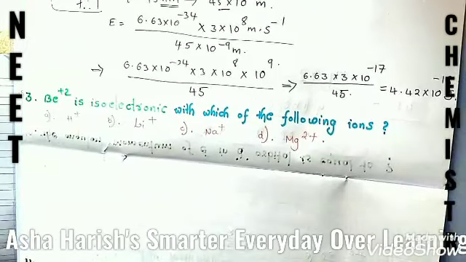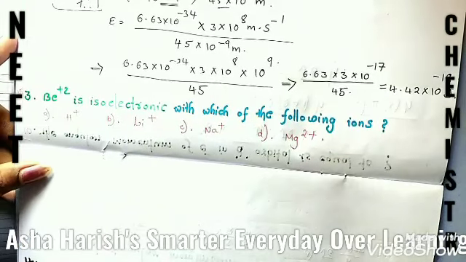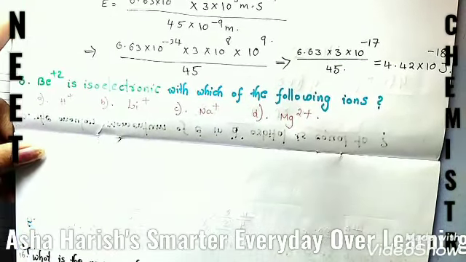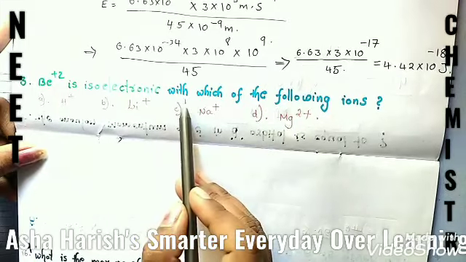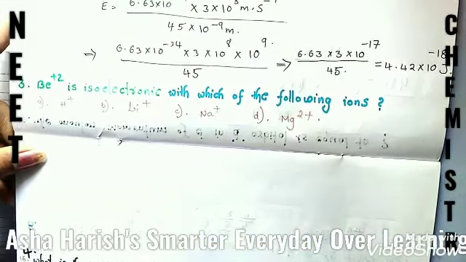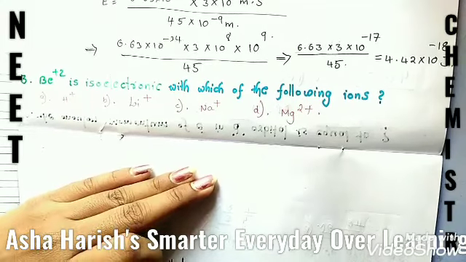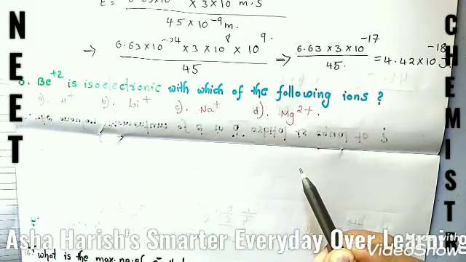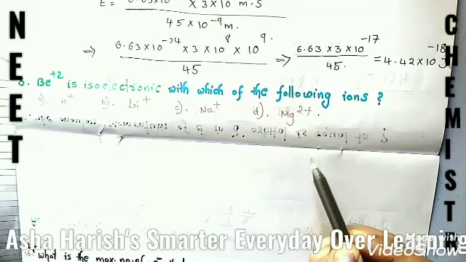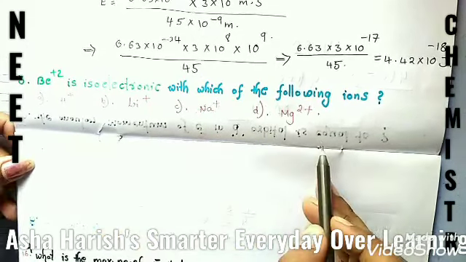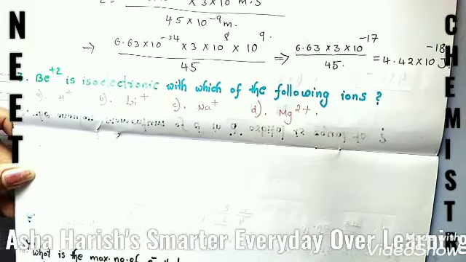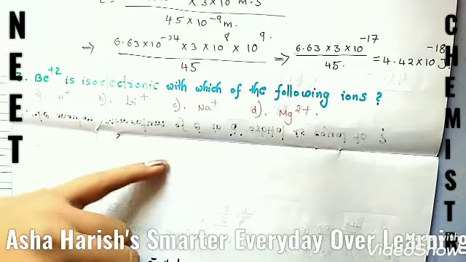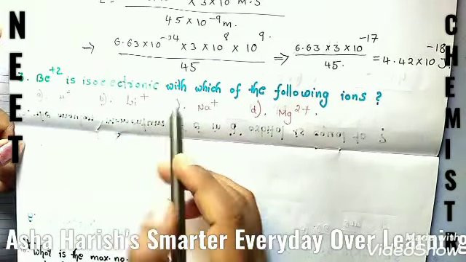And if you see the next question, the third question: Be2+ is isoelectronic with which of the following ions? For this question, students, we need to know what is meant by an isoelectronic series. The chemical species which have the same number of electrons are called isoelectronic species.